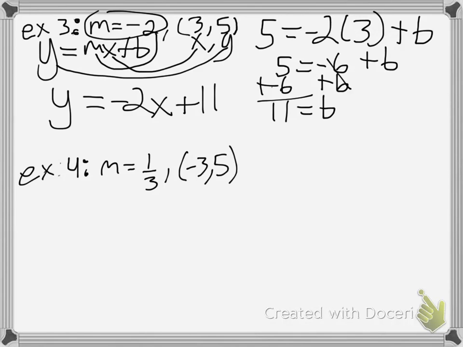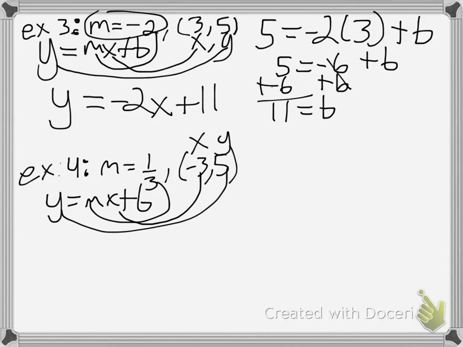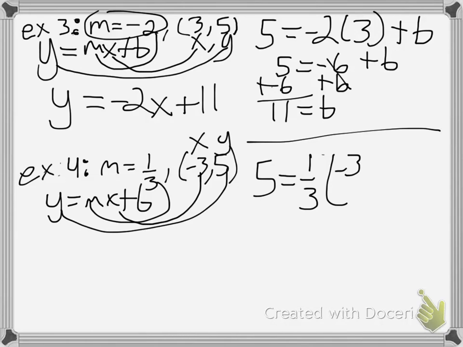Alright, next one, we're going to do the same thing with y equals mx plus b. Put that in for m, that's x, and put that in for y. So we now have 5 equals 1/3, not negative, just 1/3 times, because that's for our m, negative 3, and put it over 1 because it's a fraction, plus b.